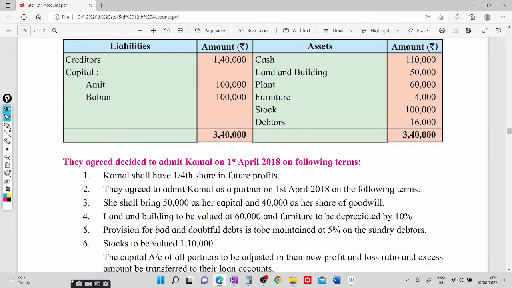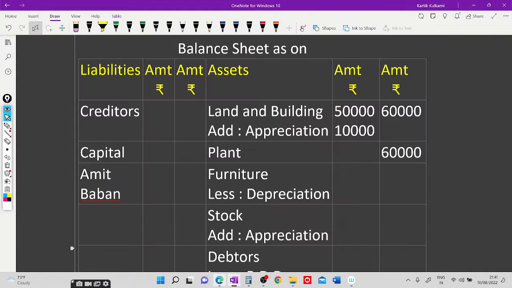Furniture book value is 4,000 and the furniture is depreciated by 10%. So book value of furniture is 4,000 and 10% of 4,000 is 400. So it will be 3,600. Furniture asset is depreciated, so we have to reduce the value of the asset.